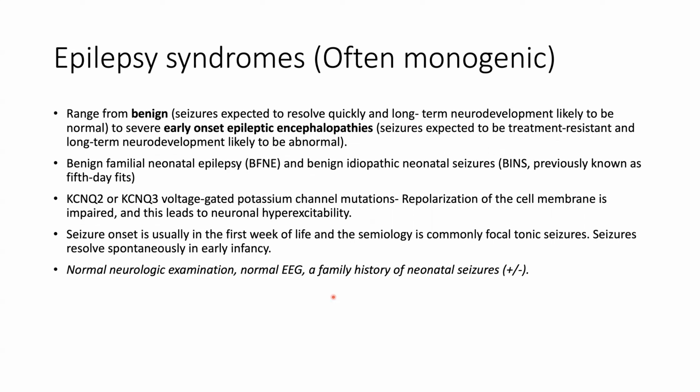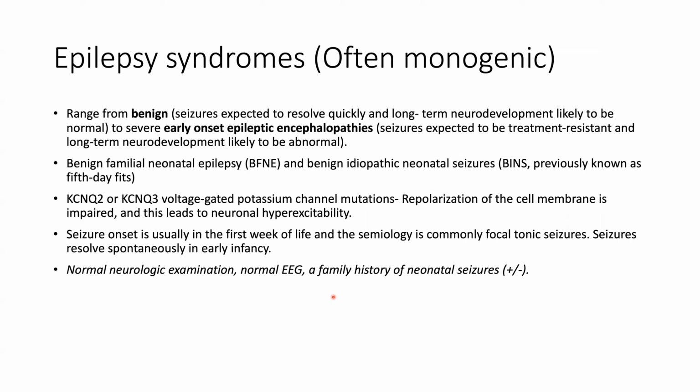So they can be benign or they can be very bad in course or severe. So the severe ones are called early onset epileptic encephalopathies. Epileptic encephalopathy means a child who is going to have multiple recurrent seizures, and the seizures are going to cause more and more brain damage in the form of poor neurodevelopmental outcomes. So that is what we call epileptic encephalopathy.